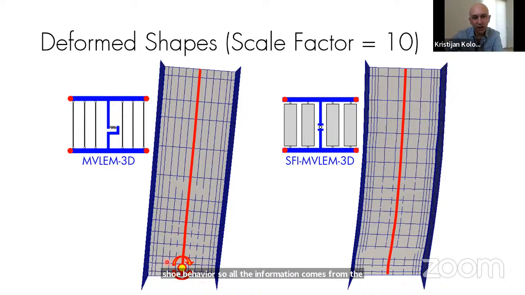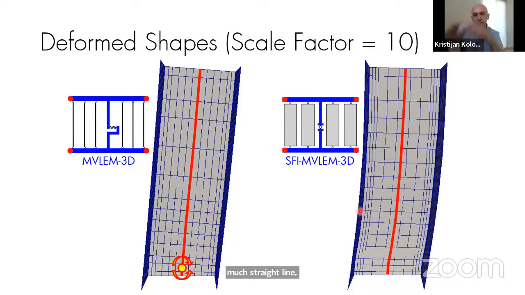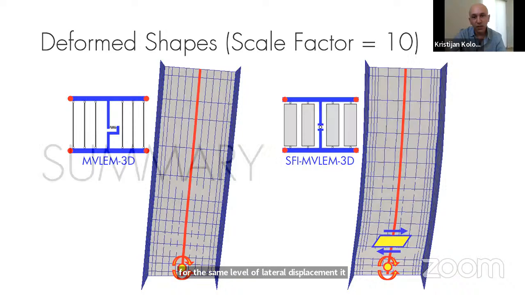You can see how the wall yields here at the base, and the rest of it is pretty much a straight line. When we're talking about the shear flexure interaction model, you can see how the wall has shear deformations along the height, and on top of the flexure yielding, you also have that other mode of deformation. So I think this is a nice illustration: for the same level of lateral displacement, different types of strains are being generated within this model.